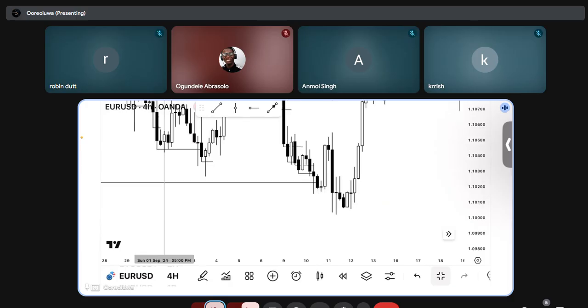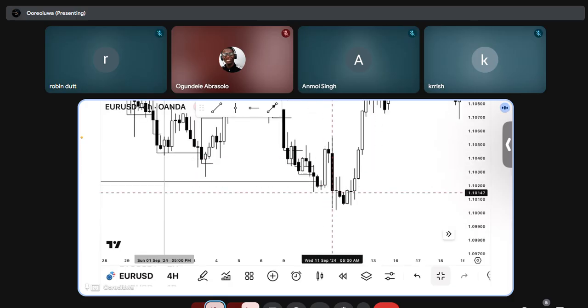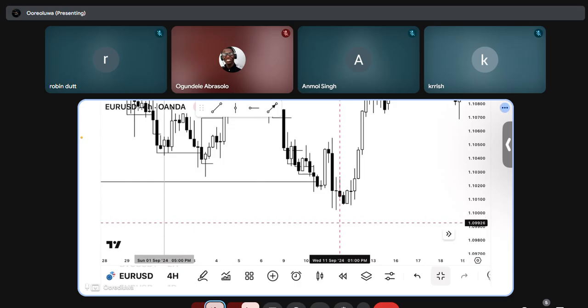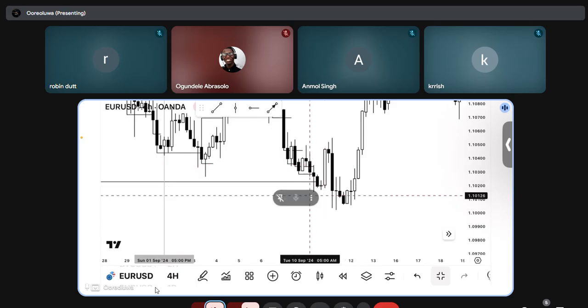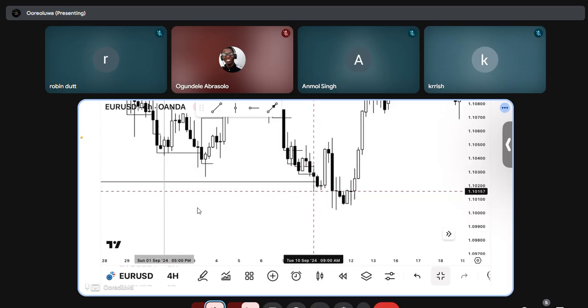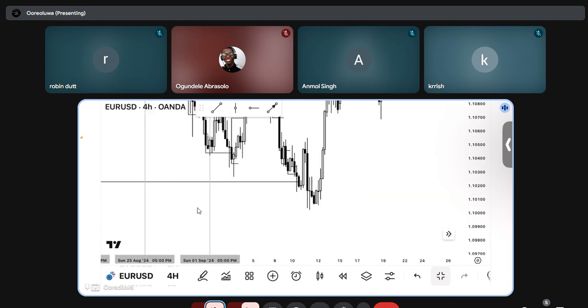So expecting anything bullish from there. But this was actually false because we went up a little and sold. This was false. So anyone that shows like this must have SMT with either GU or DXY. So this was the target, this was the low.